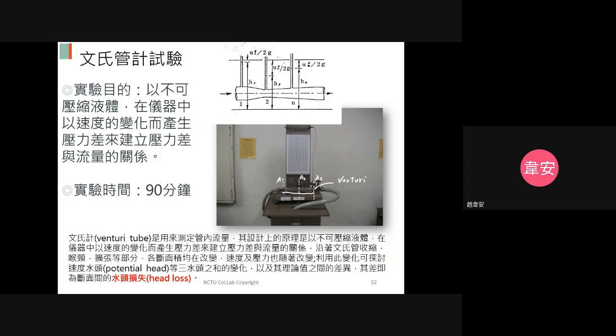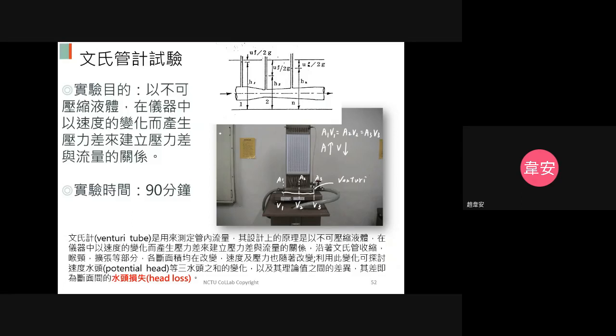So based on the continuity equation, we know that A1 V1 equals A2 V2 equals A3 V3. So at different cross-section areas, we will observe different velocity fields. Okay, and we know that the larger area will have a lower flow velocity.